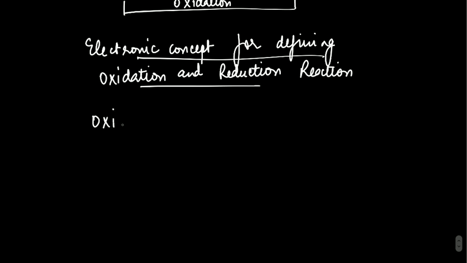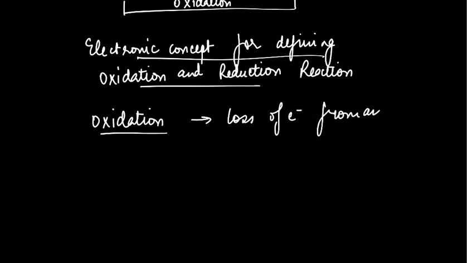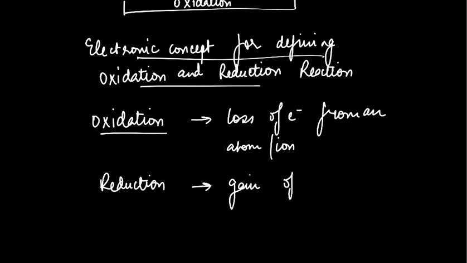So we define according to this: oxidation is loss of electrons from an atom or ion. Reduction is gain of electrons to an atom or ion.